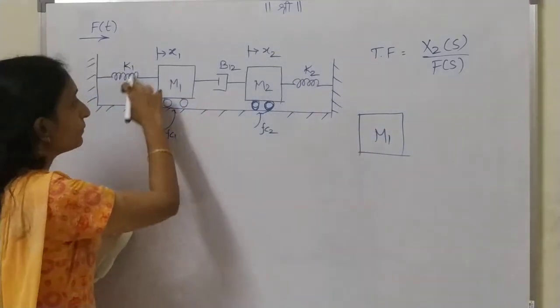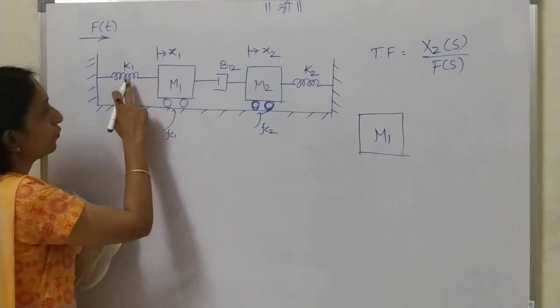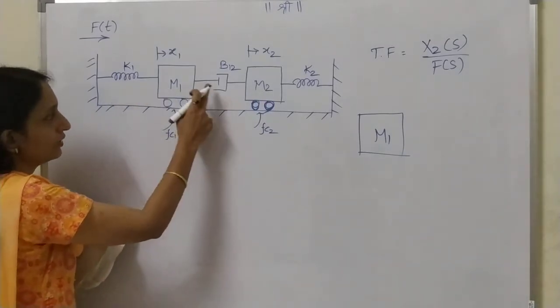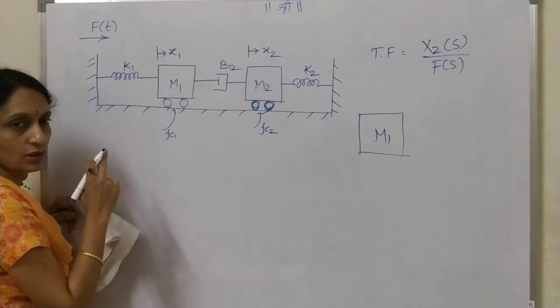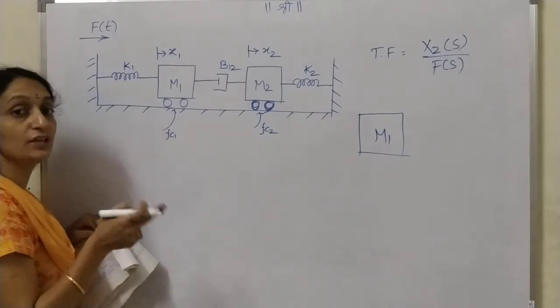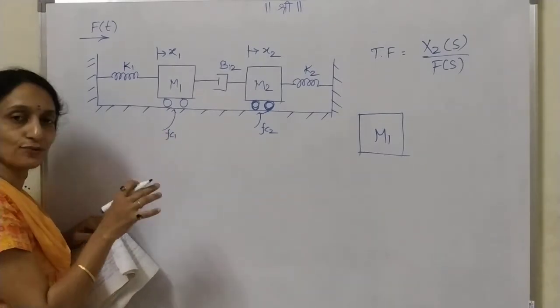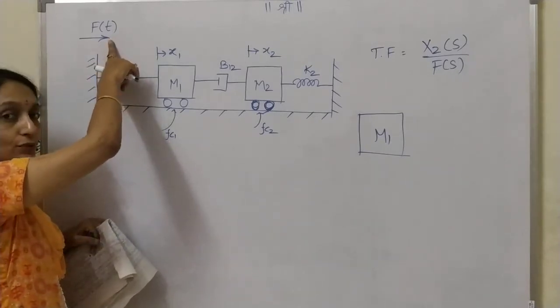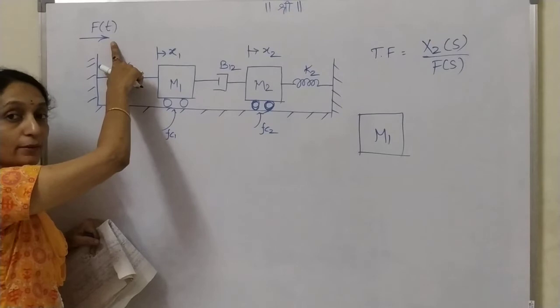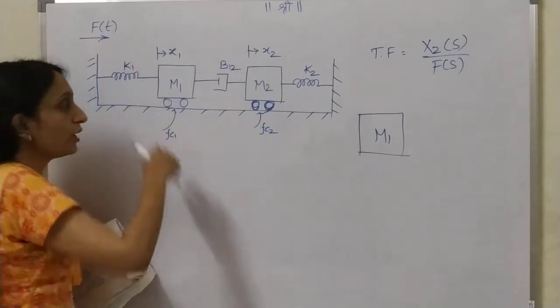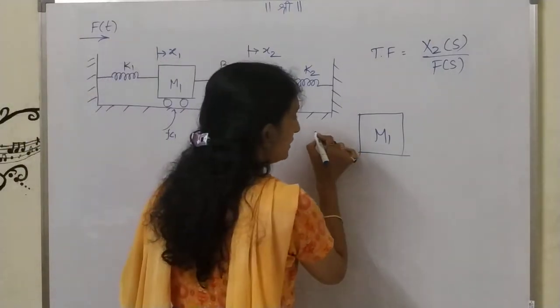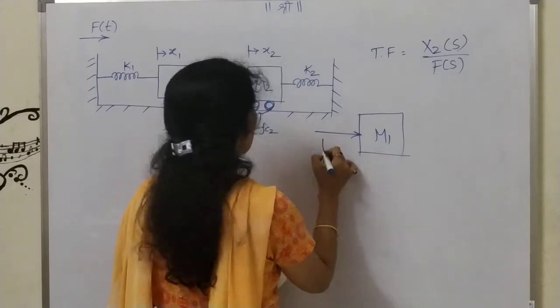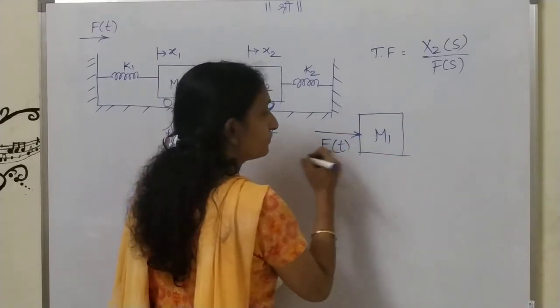Now see how many components are connected here: 1, 2, 3 and 4. Including the mass, 4 forces are acting on m1, and one more force, the externally applied force. You have to show the externally applied force as given, that is f of t.